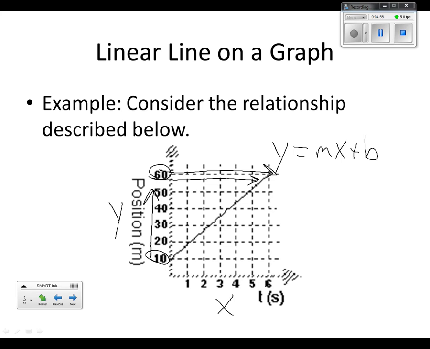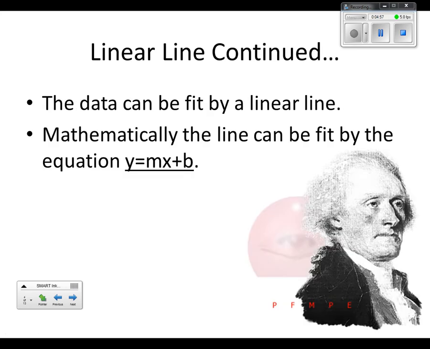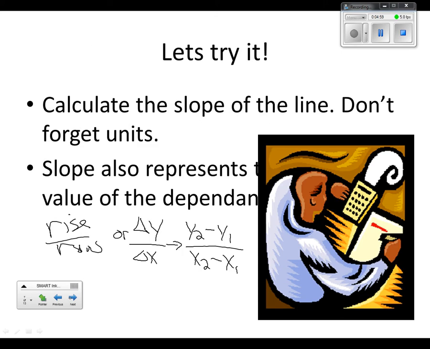It's actually 50 divided by 6 in this situation. So it goes up 50, and we want to put units on that, so that's 50 meters in 6 seconds. Now, we don't leave them as fractions. In science, we always calculate those things through, so I'm going to go ahead and do that.